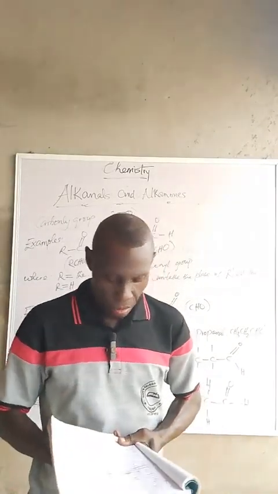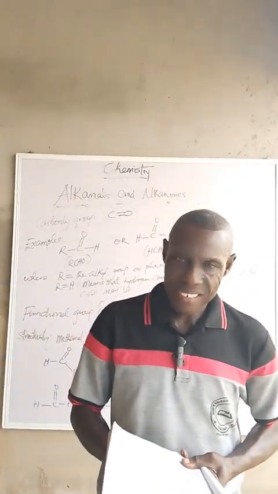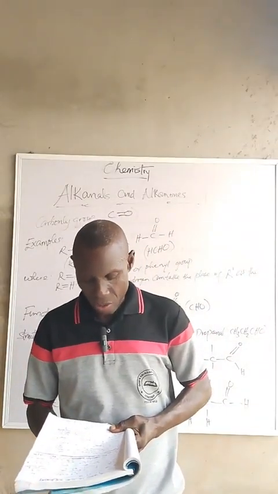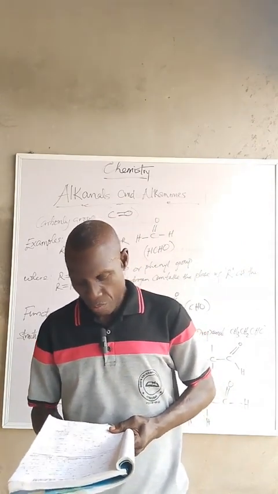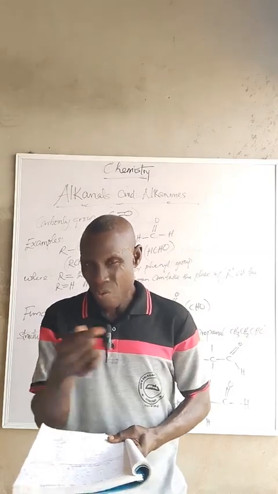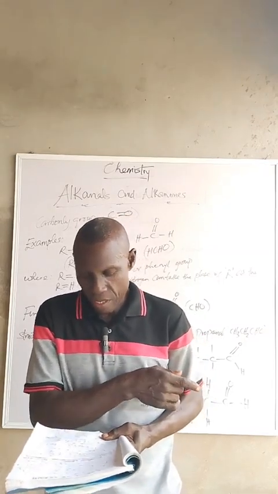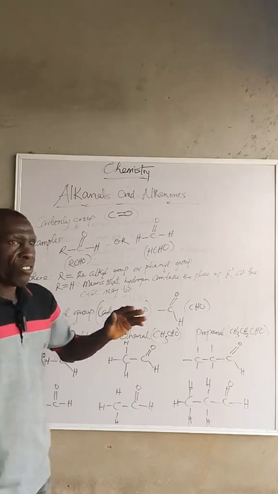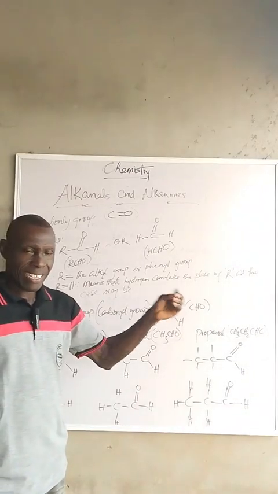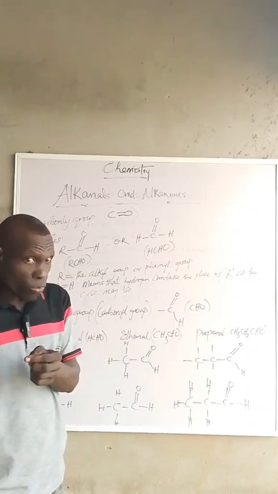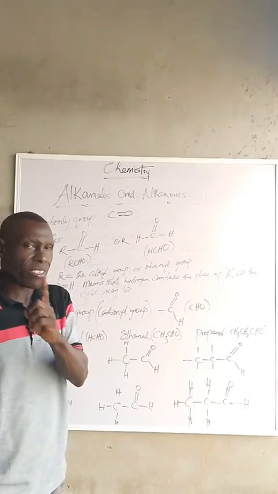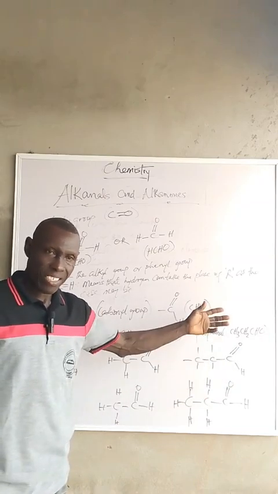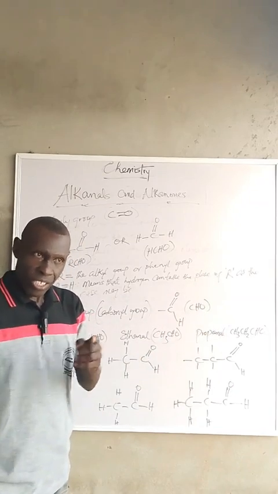Now note that in aldehydes or alkanals, the functional group is the carbonyl group, which is at one end of the organic compound. This is one thing you can use in differentiating alkanals and alkanones, because they both have the same functional group. For you to know whether this organic compound is an aldehyde or a ketone, this is how you will know.